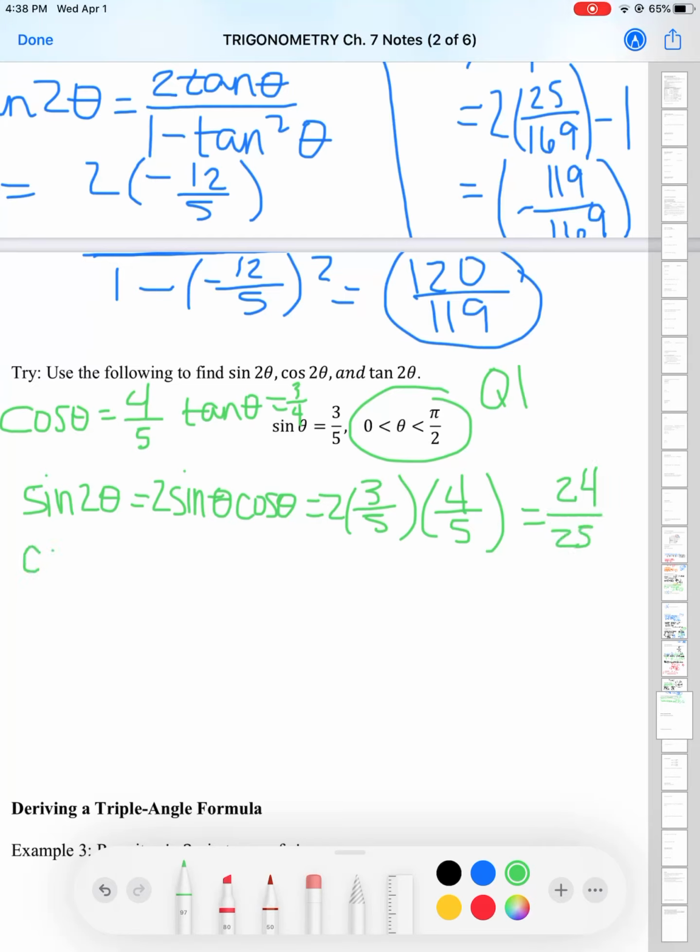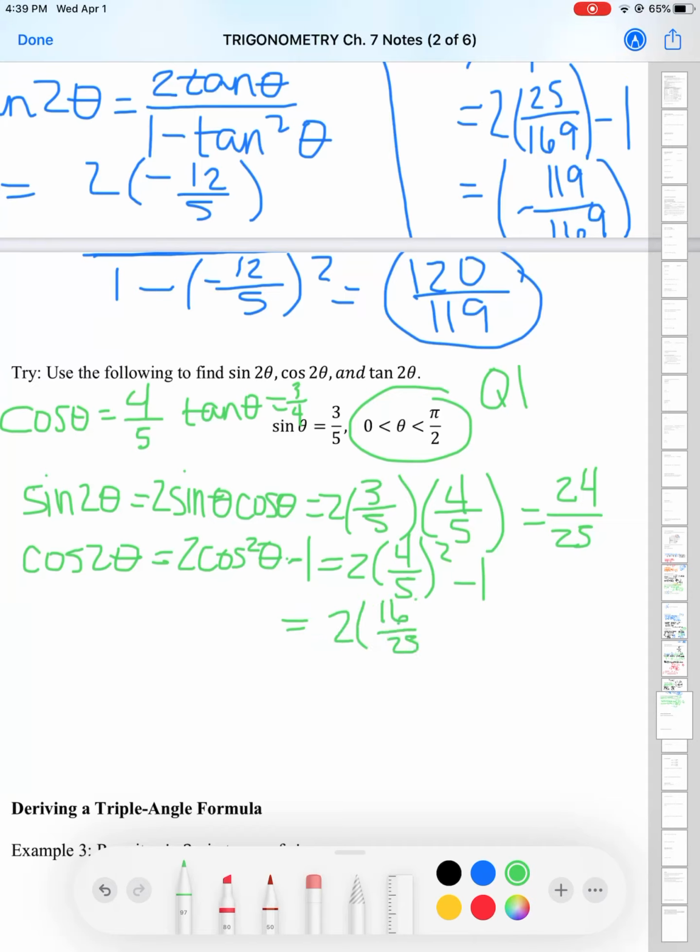And then we've got cosine 2 theta, which is 2 cosine squared theta minus 1, which is 2 times 4/5 squared minus 1, which would be 2 times 16/25 minus 1, which would eventually give us 7/25.